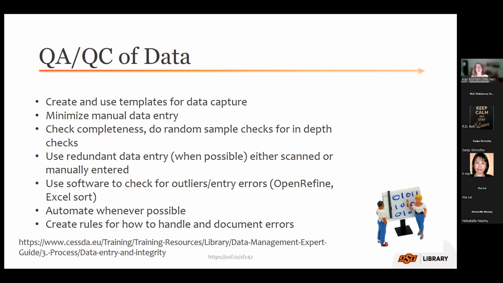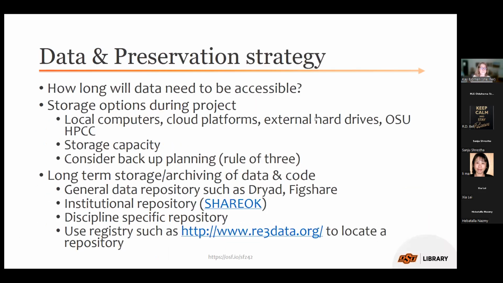So when there is an error discovered in some data, it needs to be documented so that others know, if there's a chance that they used the wrong data or they come in and find something funky, it's not hard to find out what went wrong.